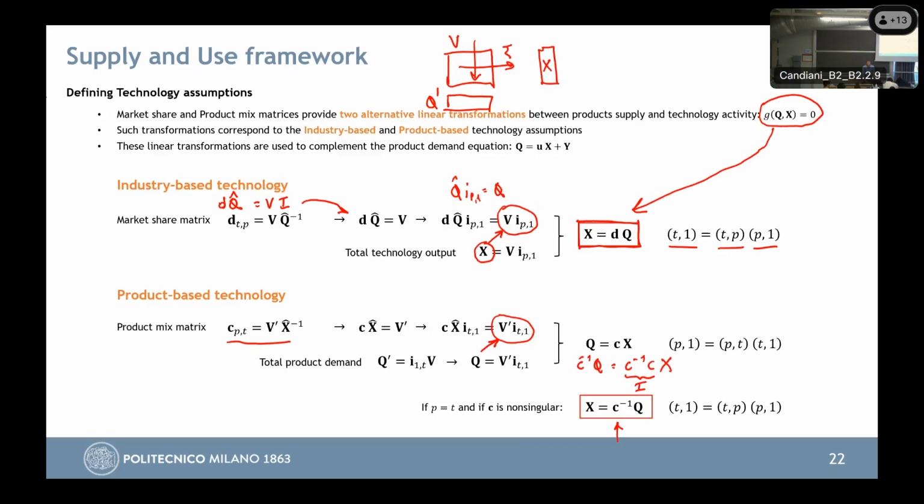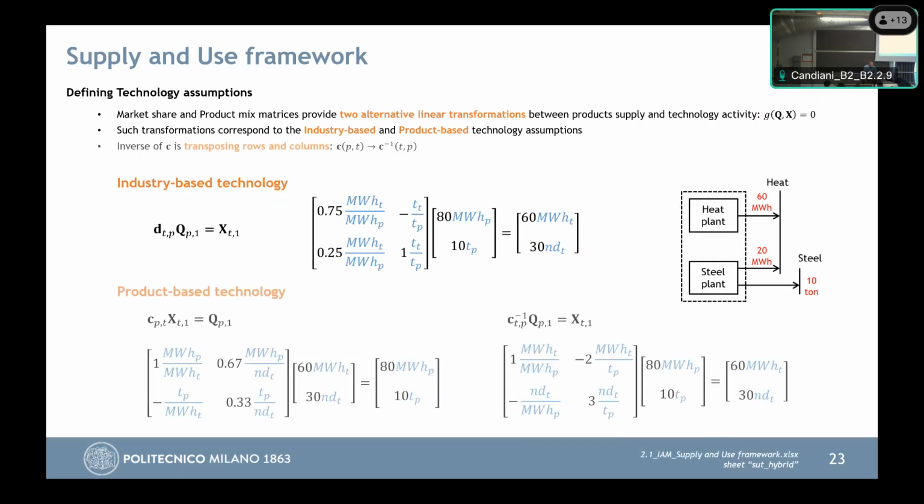Okay, great. So remember that now we have the two equations here: X equal to something times Q. Now, here are just two examples. Focus on this first and this second example here, where I put very clearly what the numbers are behind each matrix or vector.